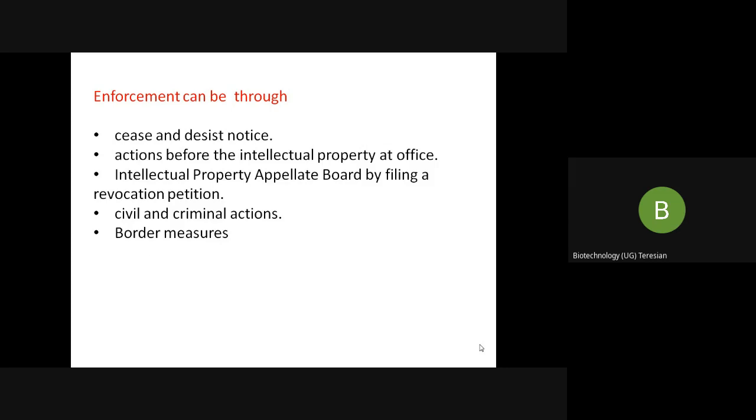But in patent, what is very important is that whenever you are patenting your invention, you write what is known as a claim. So what does this claim mean? A claim is a part of the specification which, after the patent is granted, tells third parties what they can and cannot use in their invention.